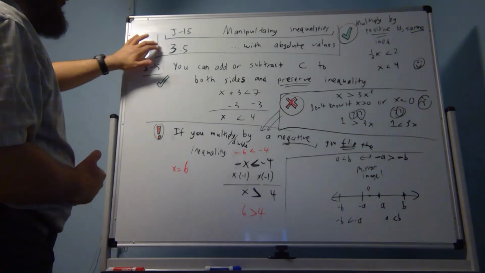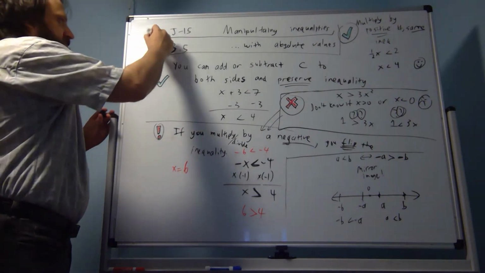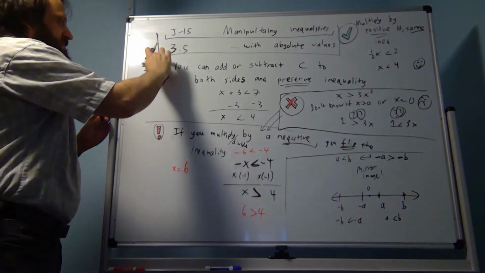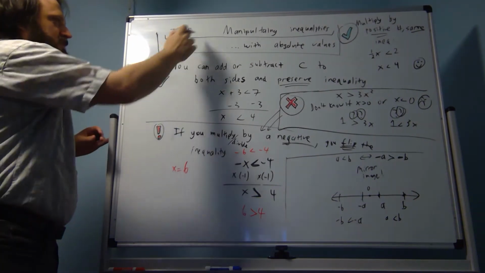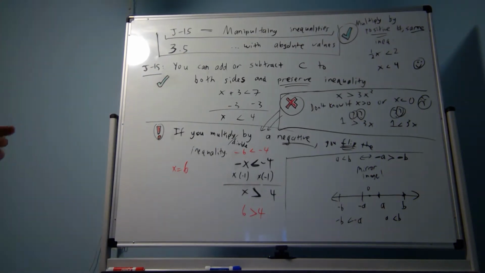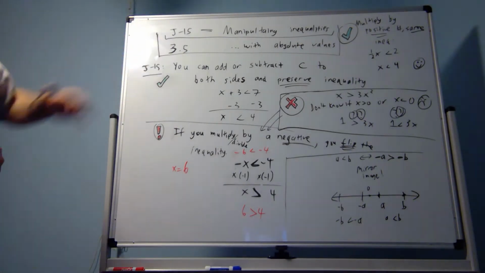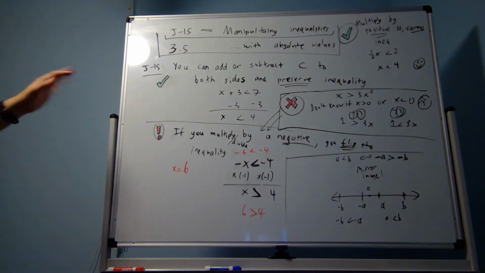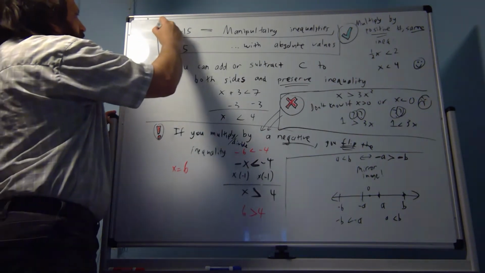We have to learn how to break that down into stuff that we already understand, and there are going to be a few steps involved. I have a problem just for this on the other side of the board, with problems for both of these, but I want to focus on just the review stuff, and then we'll start a new video when we get to the absolute values. So for now, we're doing that.